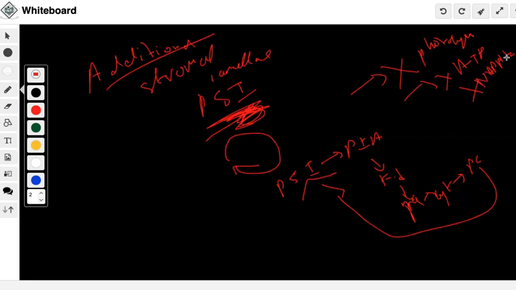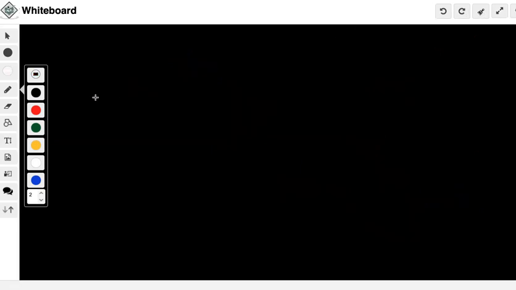Now we will move on to the dark reaction. Just because it's called the dark reaction doesn't mean it happens only at night. It can happen at any time of the day. What is the importance of this dark reaction?